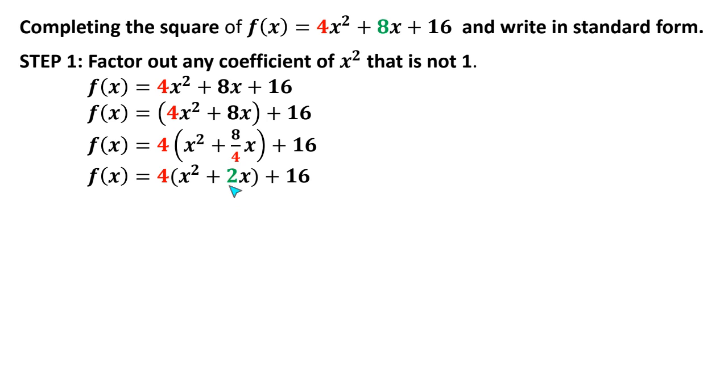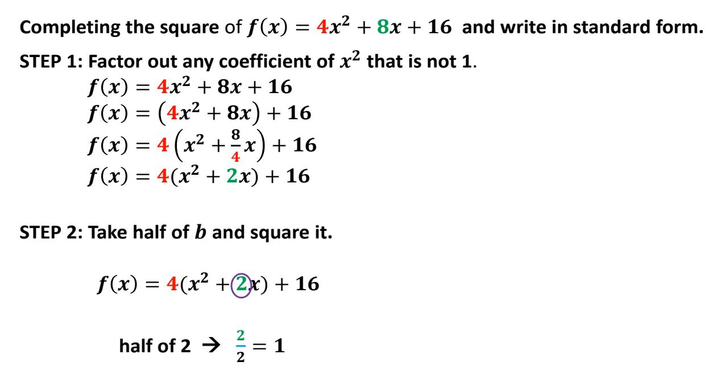So now that we've factored out the 4, we can proceed to the next step. The next step is going to be to take half of b. B is always going to be the number that's in front of x. In our example, b is going to be 2. So half of 2 is going to be 1. Okay, so that's your second step, and then you're going to square it.